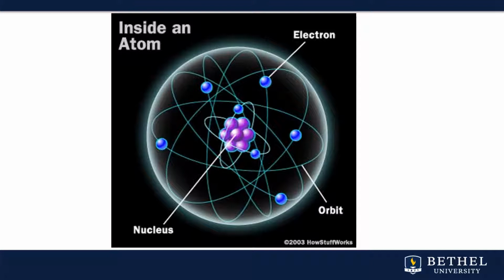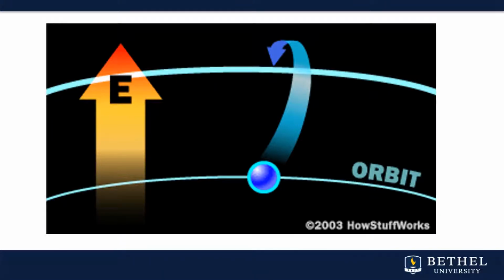So let's go inside of an atom and hopefully understand a little bit better what's going on. In this we have a nucleus in our atom, here in purple, and the electrons are all moving in their specific orbits around this. And they can be in different, what we call, states of excitation. And if we apply energy or heat, or light, like we would with lasers, to an atom, the electrons will transition into a higher orbit.